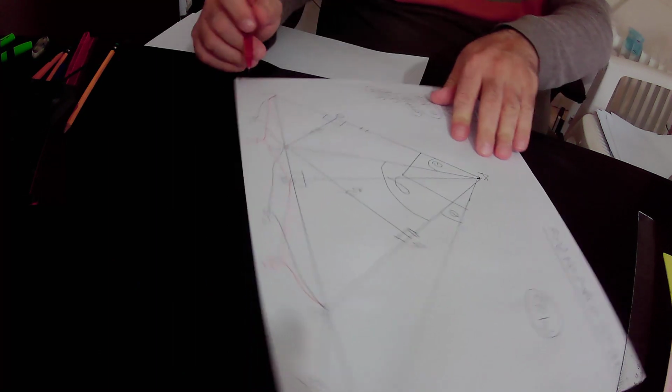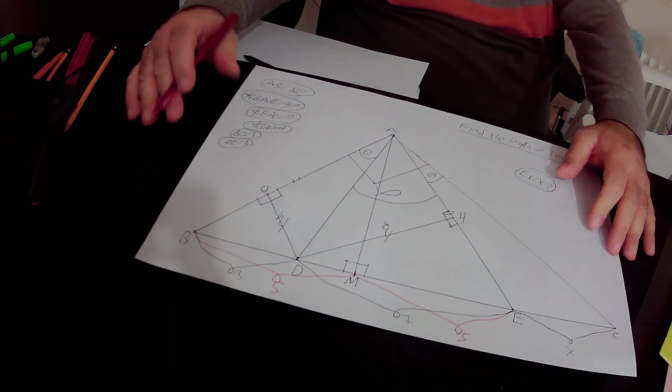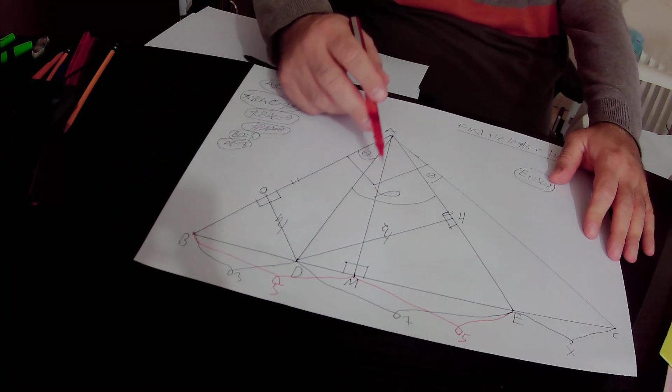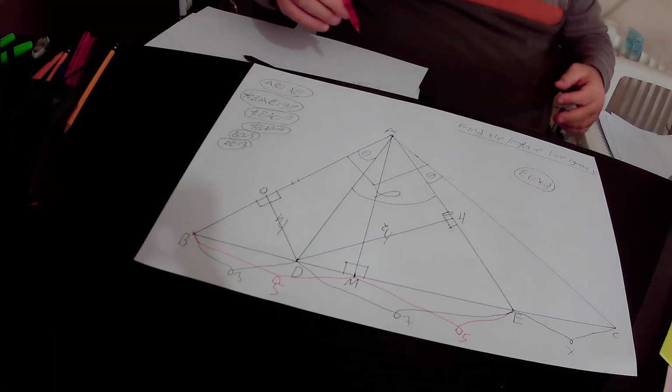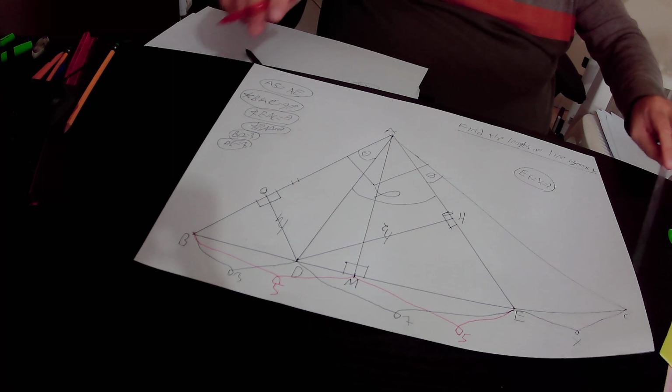In the next step, we will focus on the right triangle ABM and the right triangle AME, and we will prove that those two right triangles can go into each other. Okay?